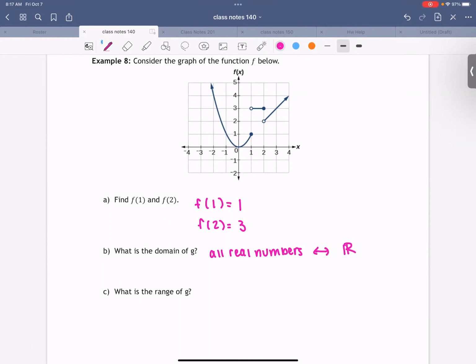So if on WebAssign you see that, that's all that means, okay? How would I write this in set builder notation? Yeah, negative infinity to infinity. And should I put parentheses or brackets? Parentheses, right? Remember, infinity always gets a parentheses, no matter what situation you're in. Any question on the domain?